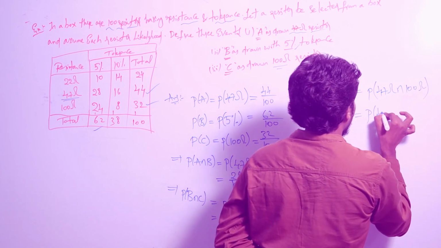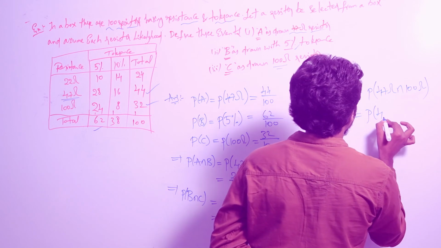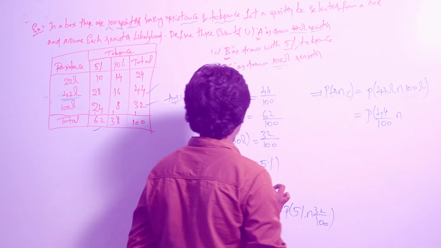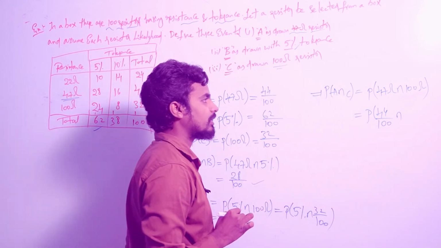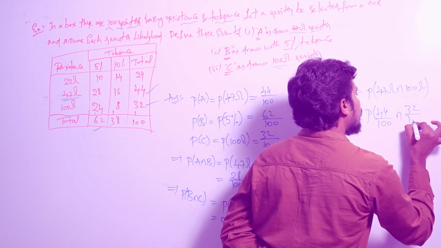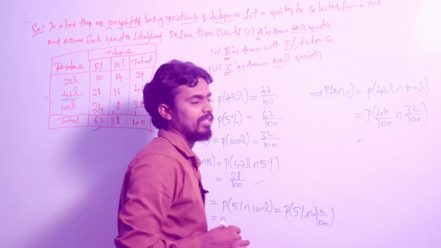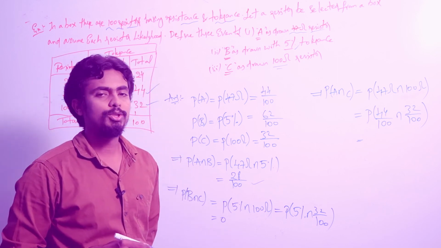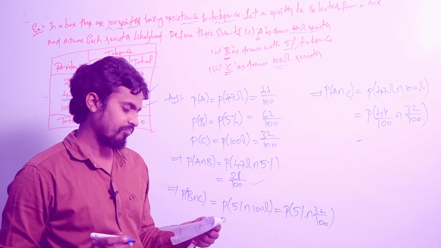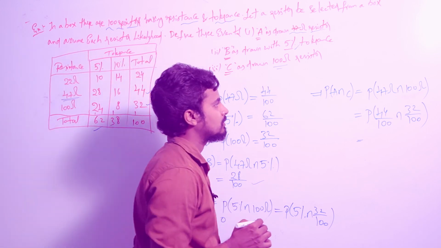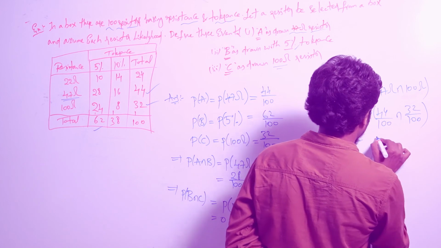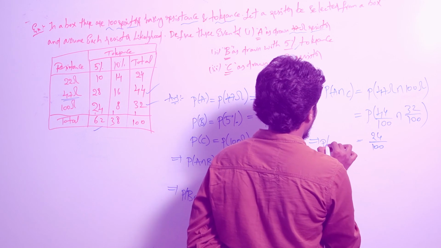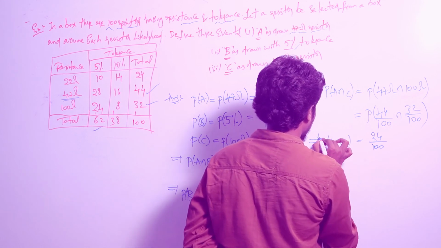That will be the P of 47 ohm, 44 divided by 100, intersection P of 100 ohm, that will be 32 divided by 100. If you apply the intersection for this, you will get 24 divided by 100. This will be the P of A intersection C.